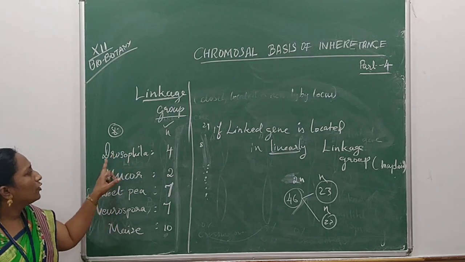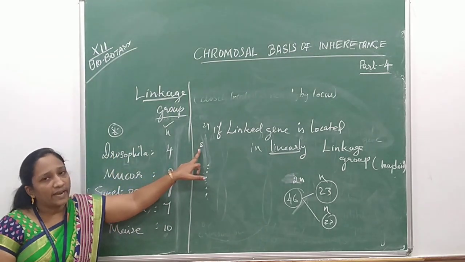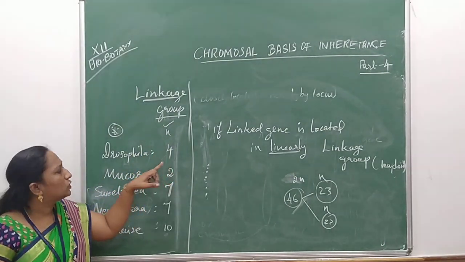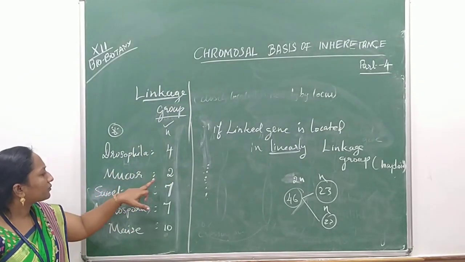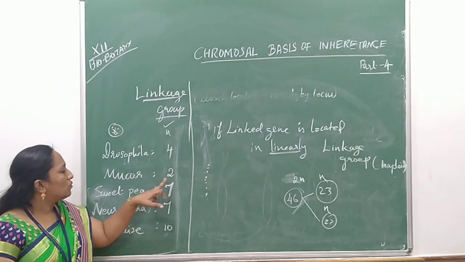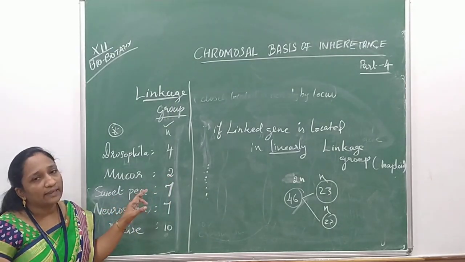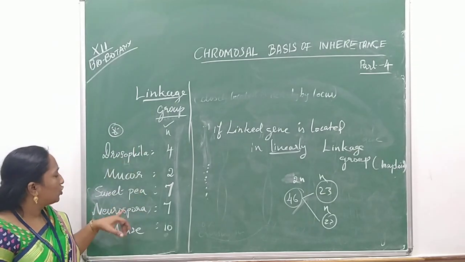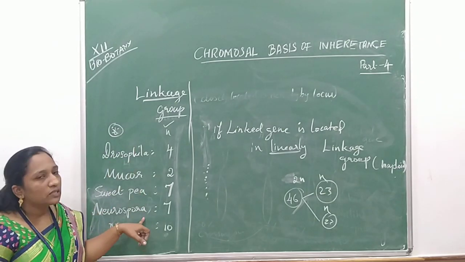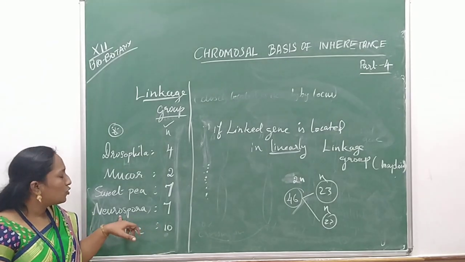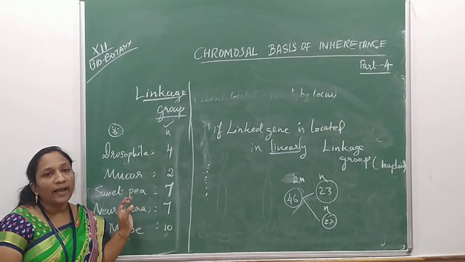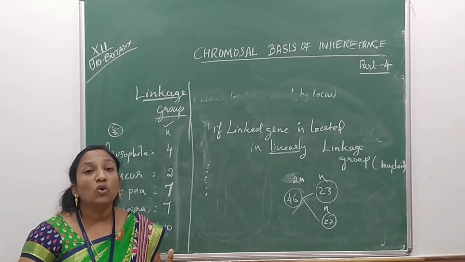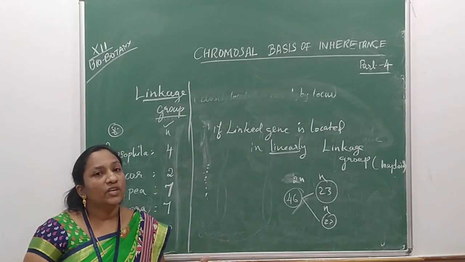For example, in Drosophila the diploid condition is 8 chromosomes, but the linkage group has 4 chromosomes. In Mucor, a fungus, it has 2 chromosomes. Sweet pea, that is Lathyrus odoratus, has 7 chromosomes as the linkage group. Neurospora is also a fungus. Do you know what Neurospora is? It holds a place equal to E. coli bacteria, which is used in genetic engineering.